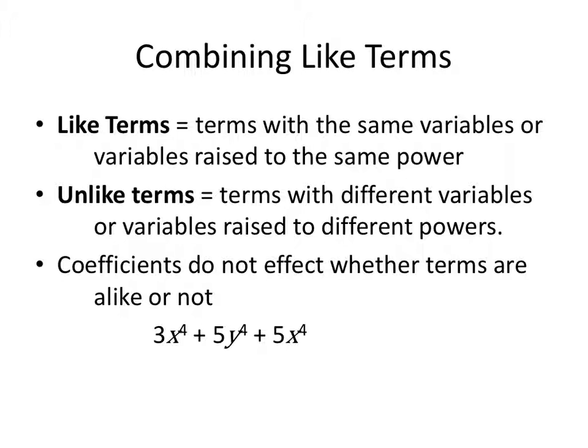They must have the same variables, and they must have variables that have the same power. So they must have both the same variable and the same power to be alike. If a term has different variables or the same variables with different powers, then they are unlike terms or dissimilar.